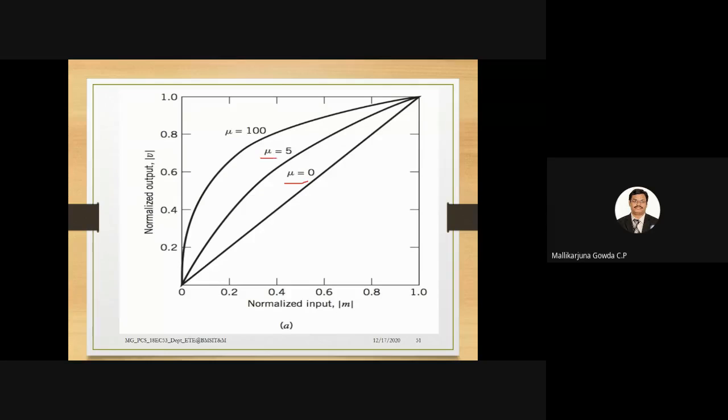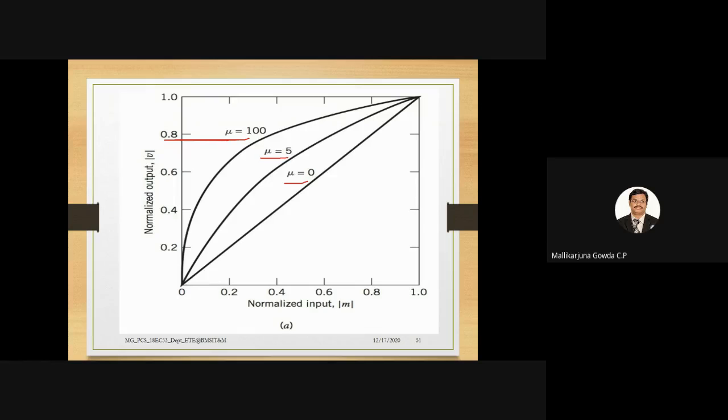And for these two values, mu equal to 5 and mu equal to 100, there will be some bending of this curve. This is not linear, so this becomes non-uniform. Mu is equal to 5, and the maximum value of mu is 100, which is used in systems. So here there is this bending.